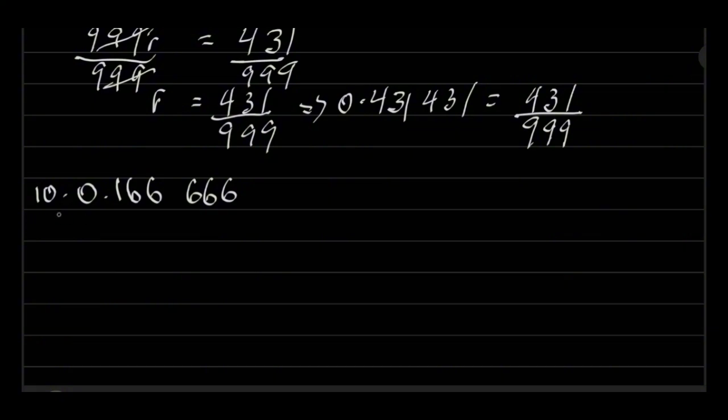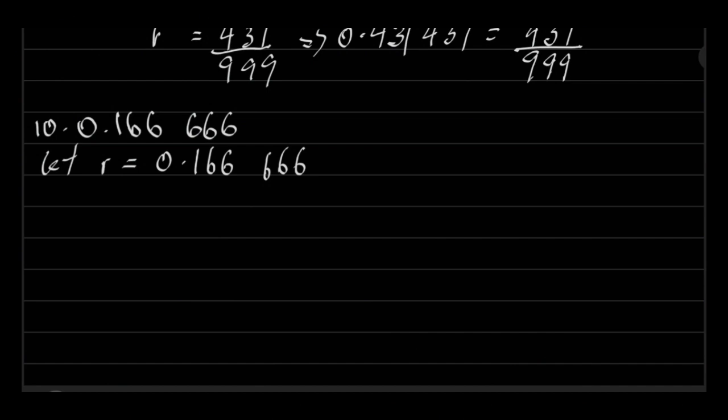Now let's try the same for this. You can pause the video, have a go at it, and then come back to check if it's correct. So let r equal 0.166666.